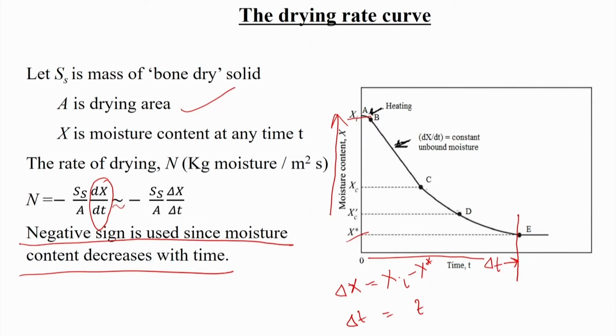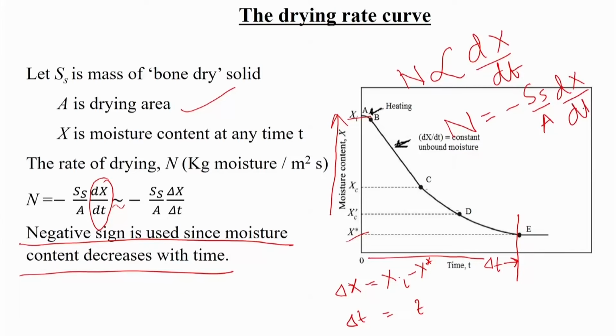In general, the rate is proportional to dx/dt. From here we have N equal to minus S_s by A into dx/dt.